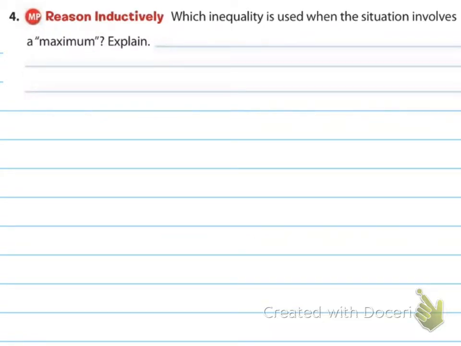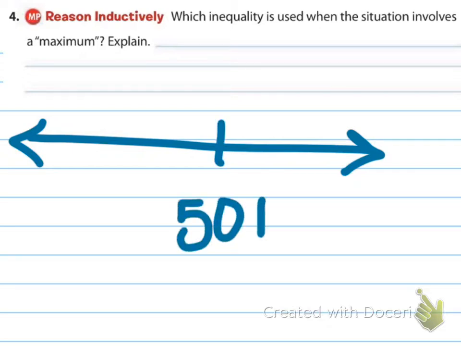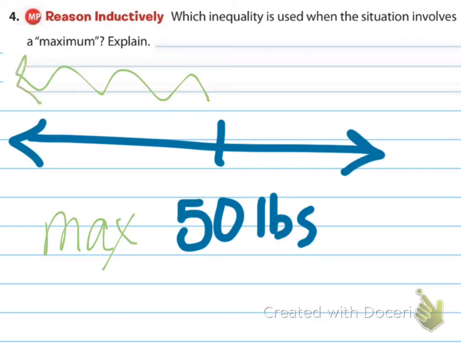So number 4, it says, which inequality is used when the situation involves a maximum? So again, here we go. Let's say the maximum was the 50 pounds of luggage. That was the maximum, and you could not have any more than that. So if I'm saying maximum, does that mean that I can have less than 50, or can I have more than 50?